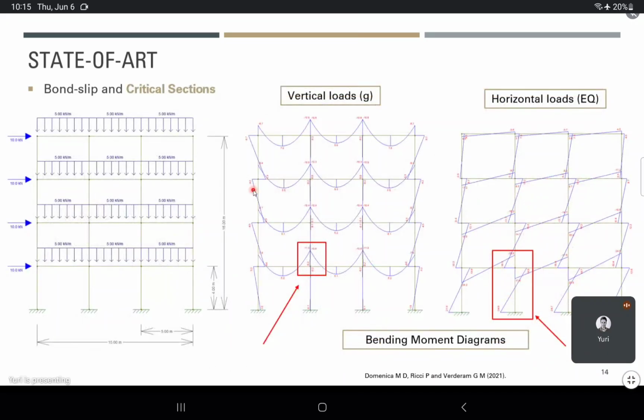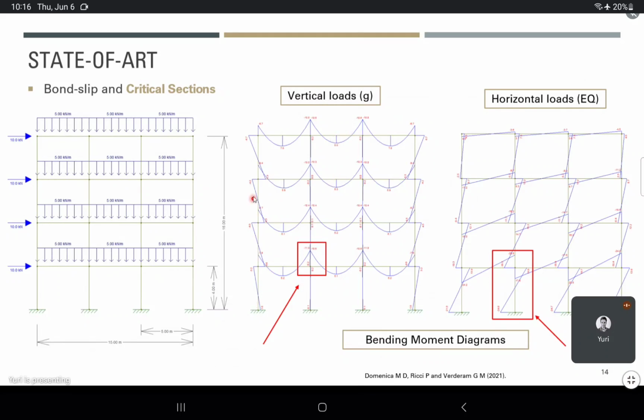And speaking about critical sections, let's just take a regular 2D frame, as you can see, which is pretty much loaded with vertical loads. Okay, and also we put here horizontal forces that would simulate an earthquake, for example. When I check the bending moment made by the vertical loads, we see that pretty much the maximum internal stresses are concentrated in the beam column connections and the middle span of beams.